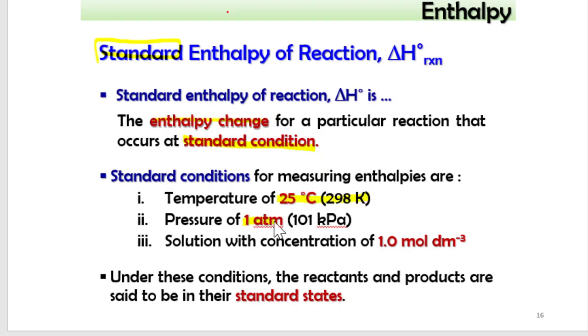Pressure must be at 1 atm, and the solution concentration must be 1 molar. Okay, and biasanya kalau kamu nampak bulat kecil di bahagian sini macam simbol degree tu, okay, it means that it happened at standard condition. Okay, so under this condition, the reactant and product are said to be in their standard state.